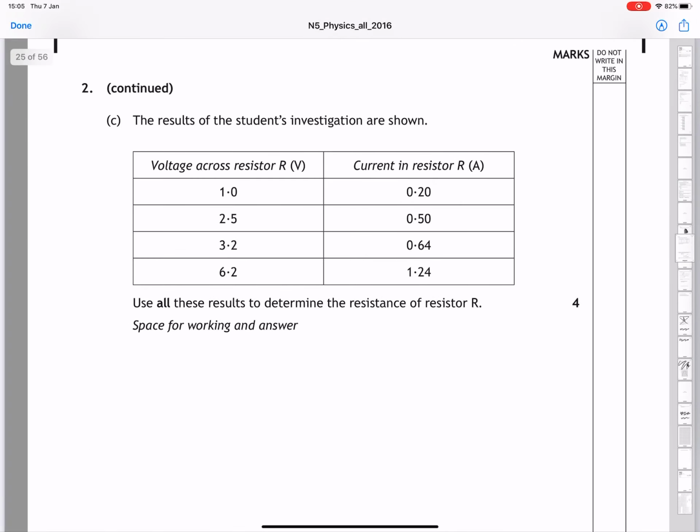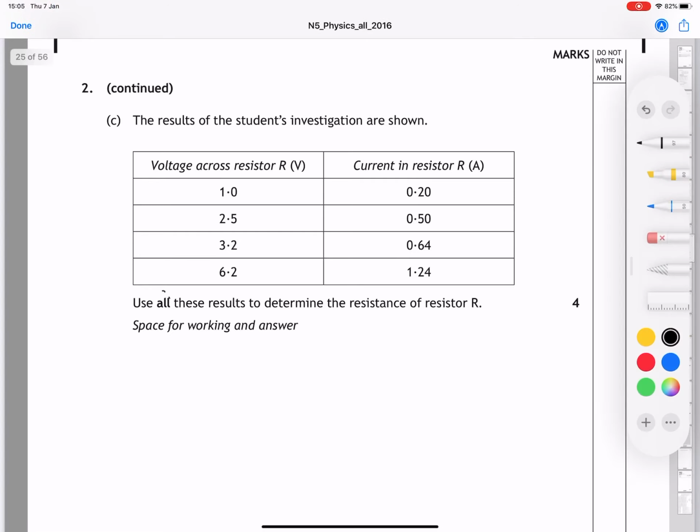Right, this one's 4 marks, and it says use all these results to determine the resistance of the resistor. So this is going to be using Ohm's law, because you've got the voltage and you've got the current. R equals V over I. So for the top one, you've got 1 over 0.2.